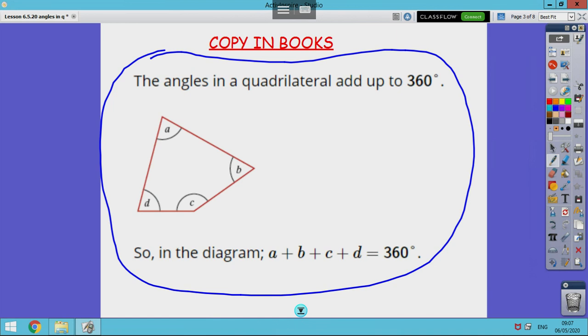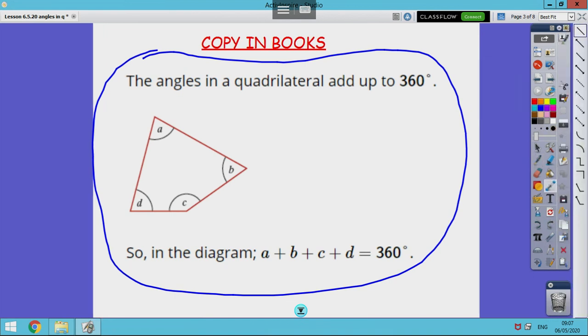So what this means, very, very simply, is these 4 angles added together have to make 360 degrees. And I'll show you why. Because if we split this quadrilateral into 2, say we split it from that side to that side, we've created 2 triangles.